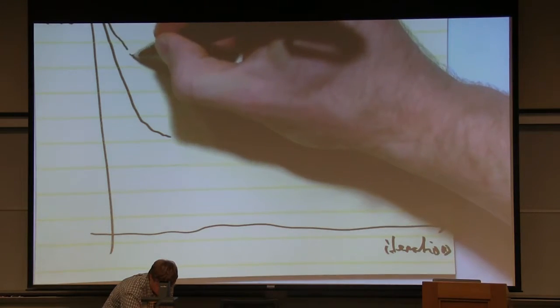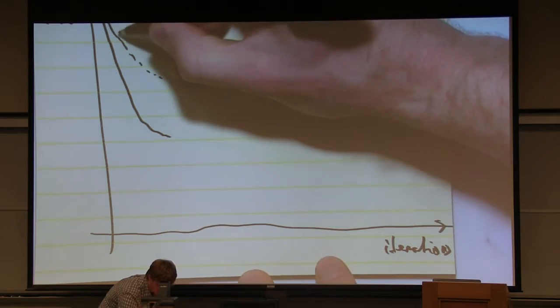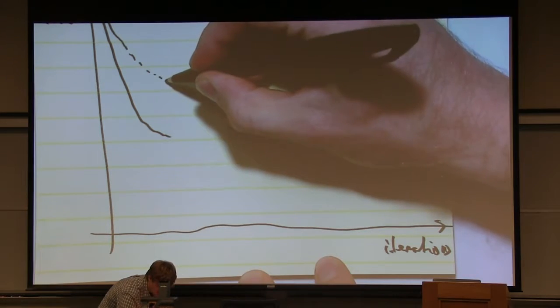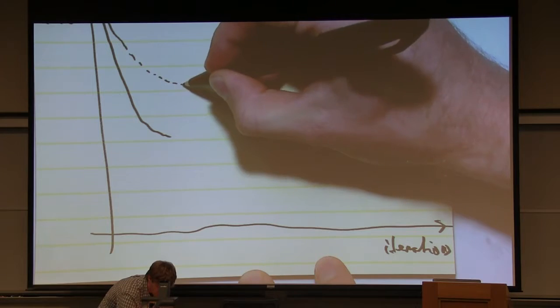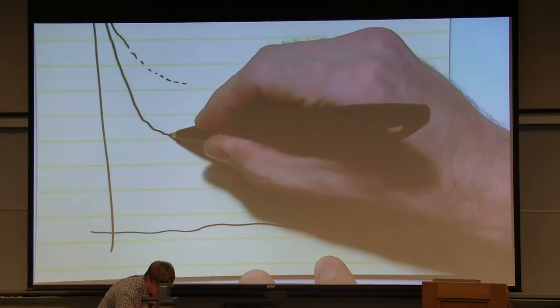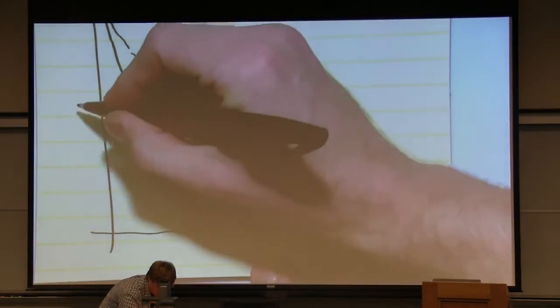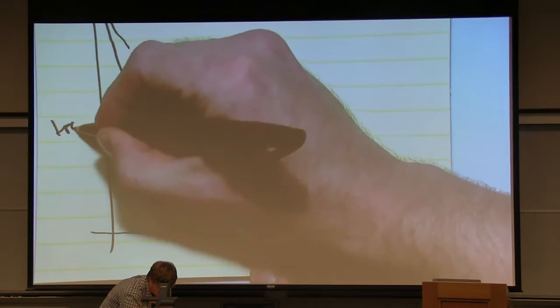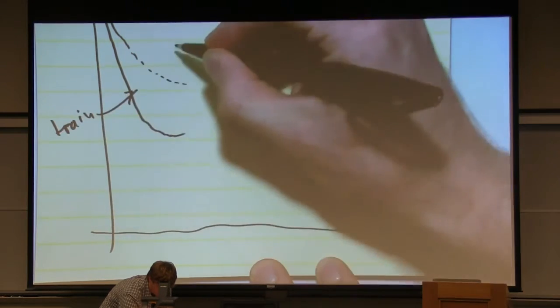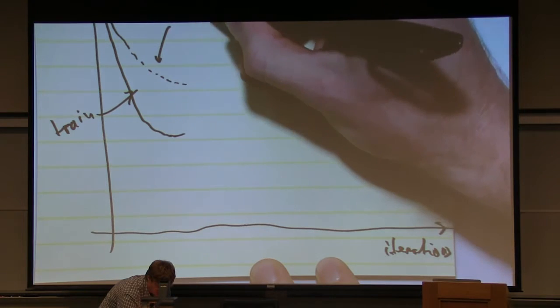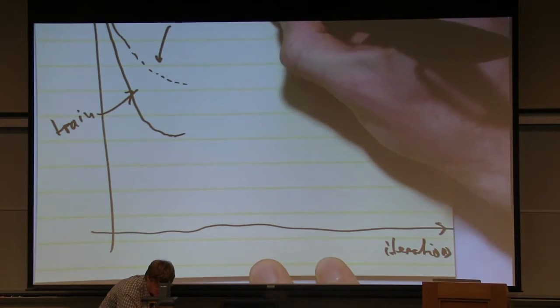And our validation error goes down too, but now maybe they both kind of flatten out. And you observe this, so this is training error. And this is our validation error.